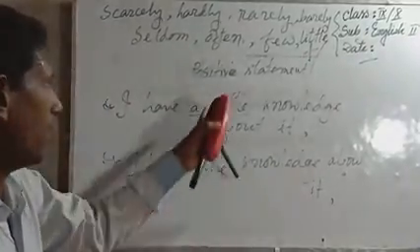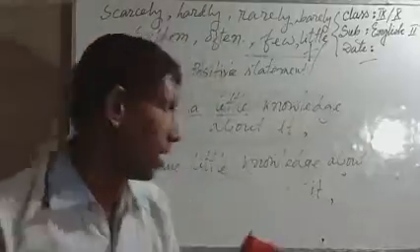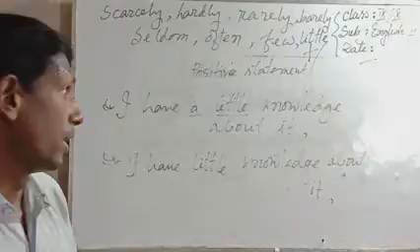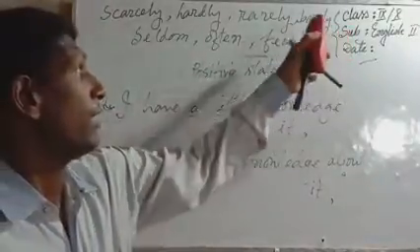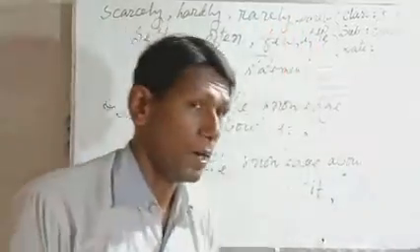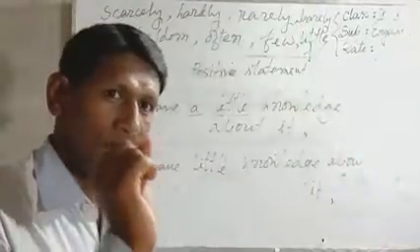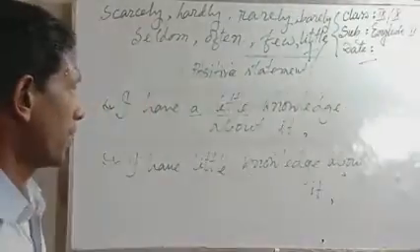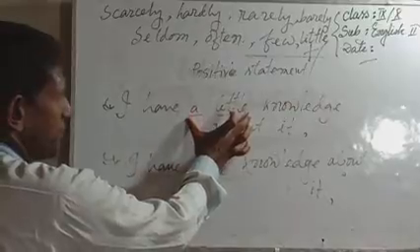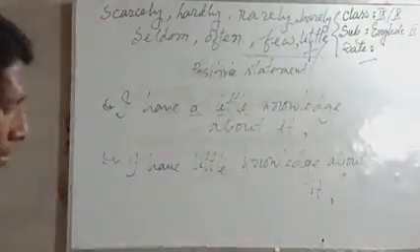That means a little is positive, but only little is negative. So recall that only little and only few must be negative, but a little and a few mean positive. So this statement is a positive statement, but here the statement is negative.